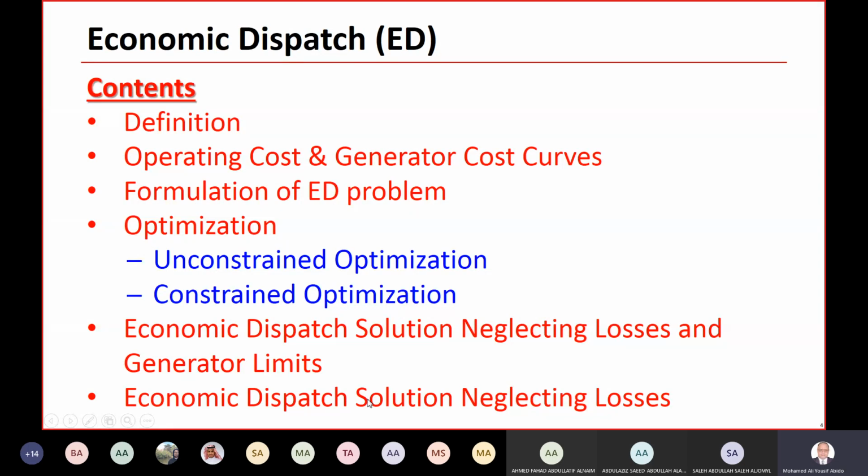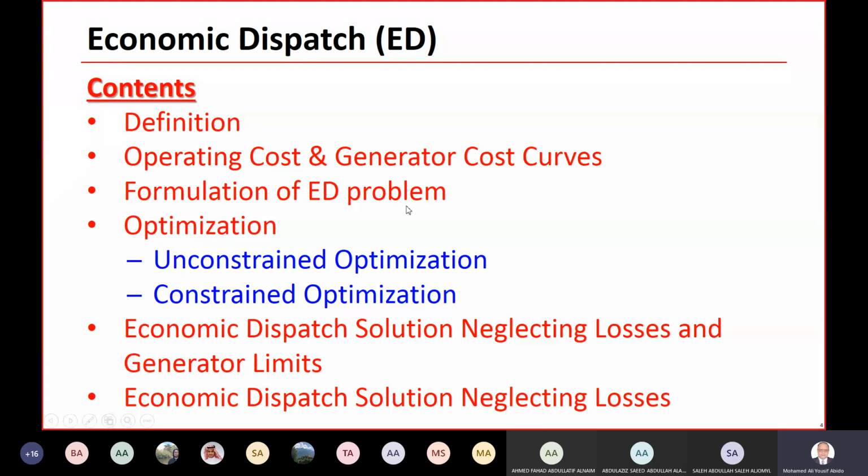What we will cover during this topic in general, and this will not be covered in one class, but this is the agenda for the whole topic. Definition of economic dispatch, and also we will see the operating cost and generator cost curves of the generators, and these curves play a great role in judging which generators should share by how much.